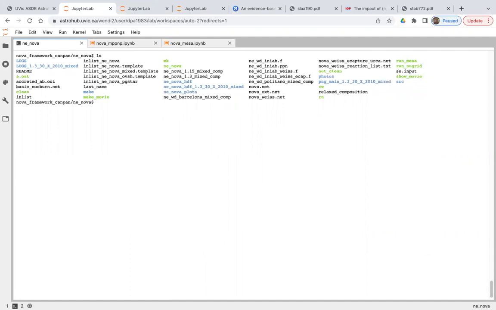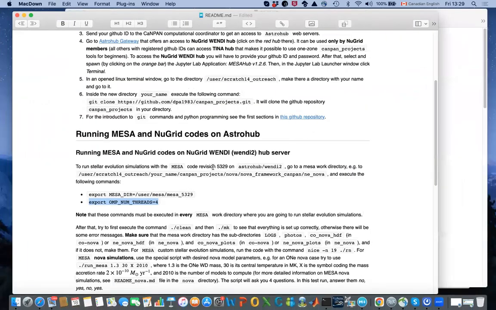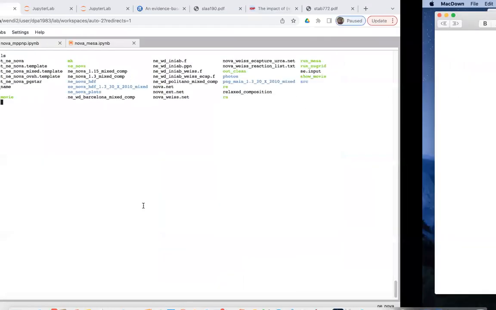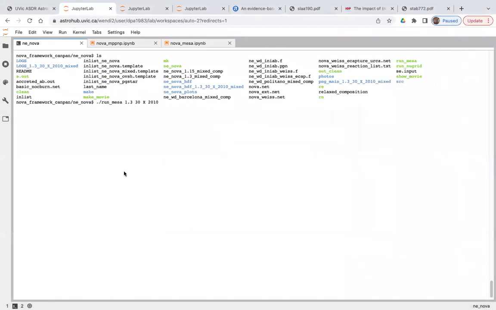Now, to start Nova MESA simulations, it's explained here as an example. You will read this later. I'm not going to discuss this. There is in this directory a shell script which is called run_mesa.